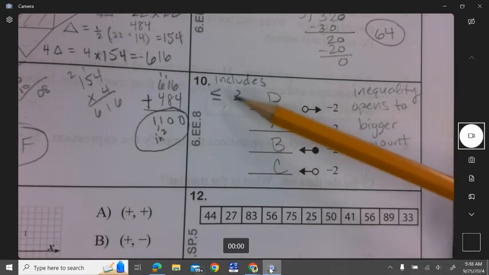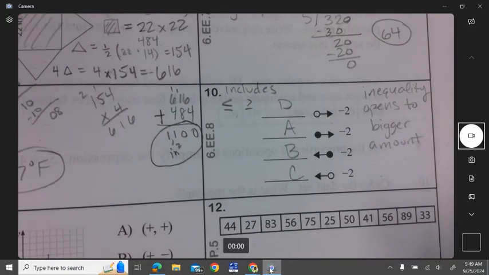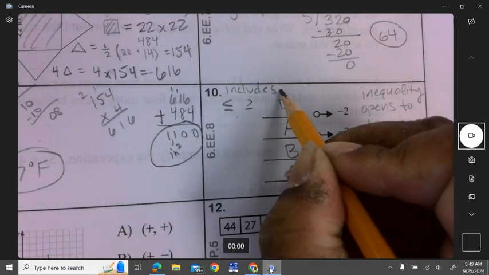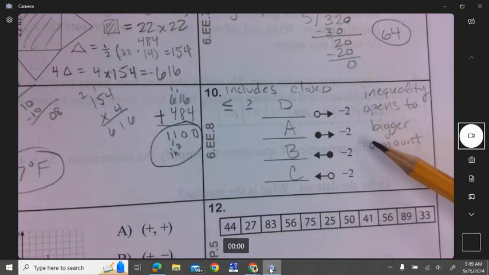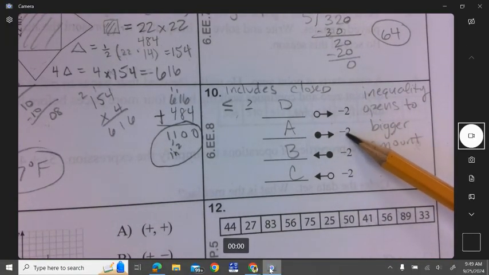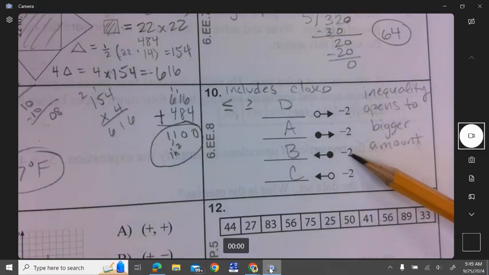If you have a line underneath your inequality, then that means it includes that number, which makes it closed. So like this is closed, so it includes that -2. This is closed, so it includes -2. Check the direction of the arrow. Okay.